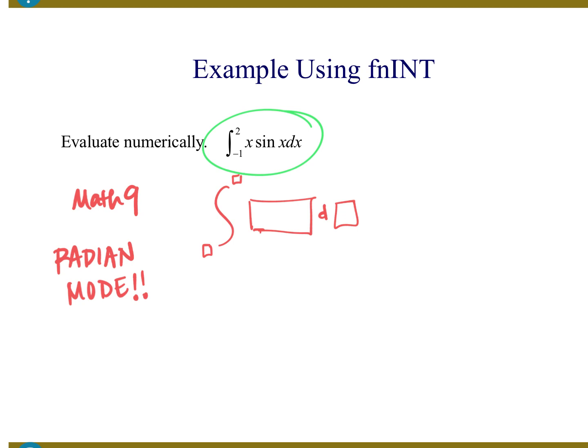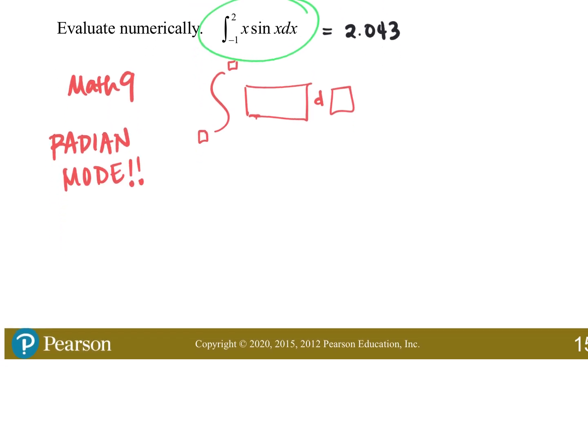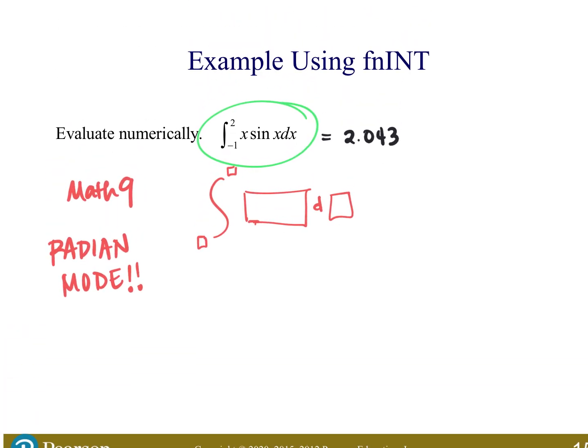The full integral in its proper form must be written to get those points, and then you're welcome to use your Math 9 to evaluate, which in this case is going to give us 2.0427, so we'll round that to 2.043. All right, there you go. That's what you'll be doing with integrals, geometry, graphically, and numerically using the feature of your calculator. Okay, thanks.